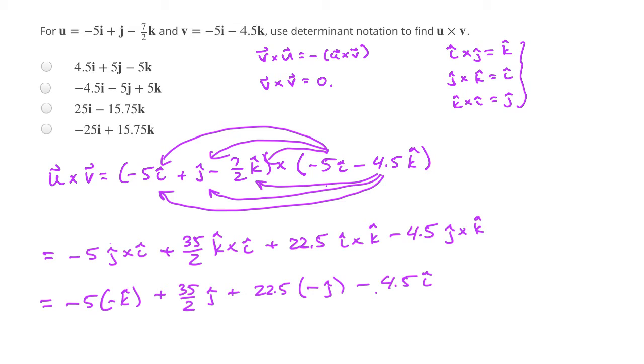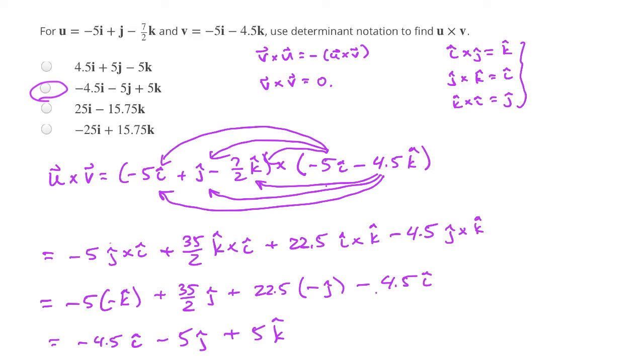So now combining any like terms, we have a minus 4.5 in the i direction. Then in the j, we have a 35/2 and then minus 22.5 to give us a minus 5j, and then finally the minus 5 times the minus k gives us a plus 5k. And so we can see that our answer is actually going to be part B.